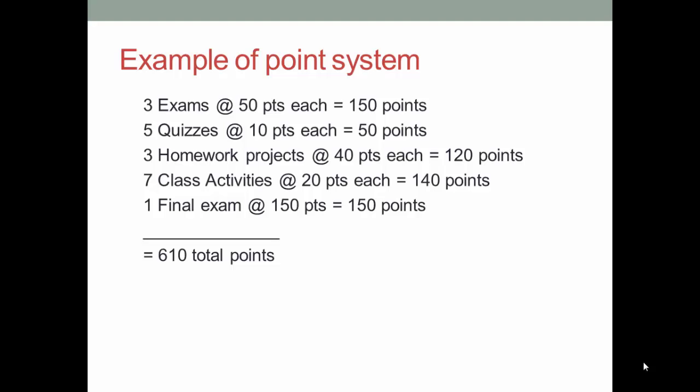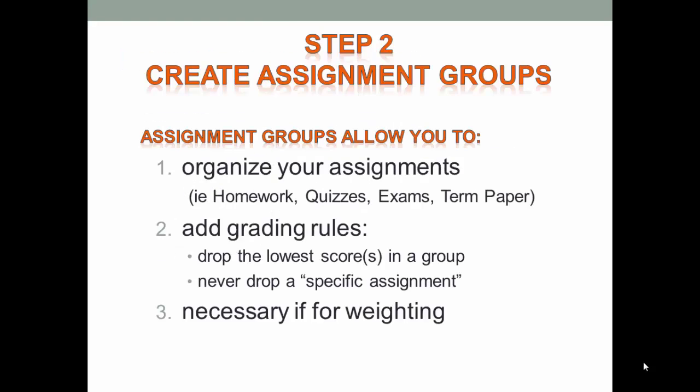If you were to add another 40-point project, then homework is now worth 160 of the 650 points, or 25% of the total grade, thus skewing the other assignment groups as well. You often see this type of grading in more refined classes where assignments do not change.